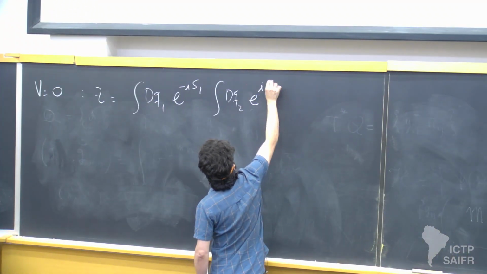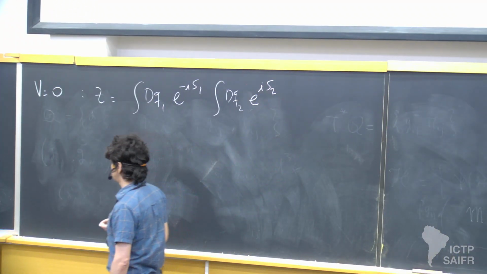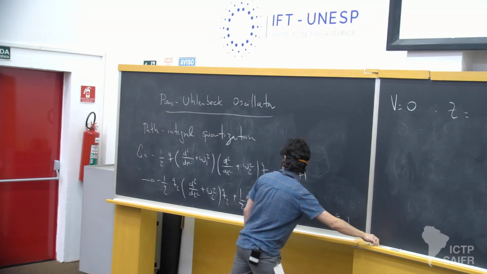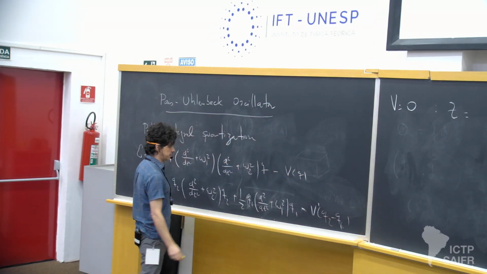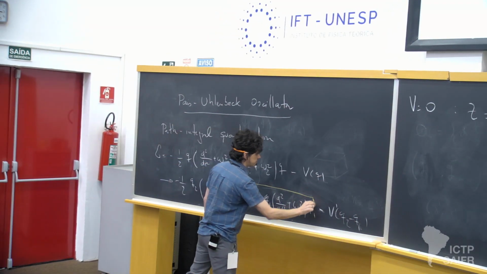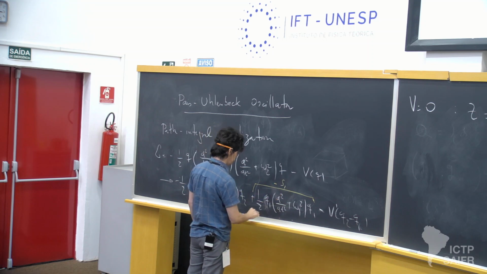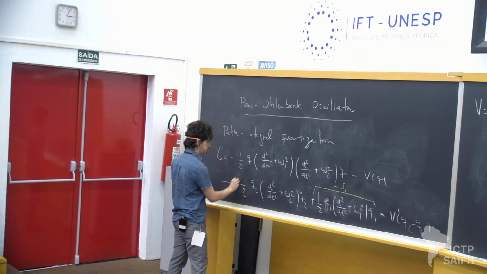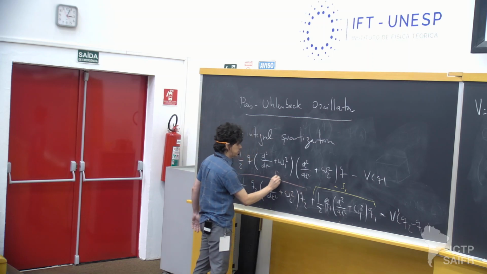So it's S2, in which S1 is just this guy with a minus sign. S2 is just this guy here, right?